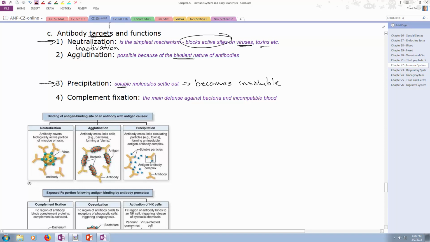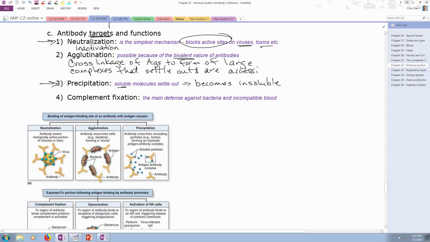And what we have here is we have cross-linking of the various antigens that this antibody is responsible for identifying, and this will cause formation of large complexes that settle out and are therefore accessible.